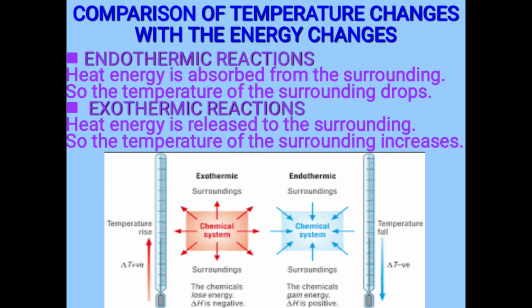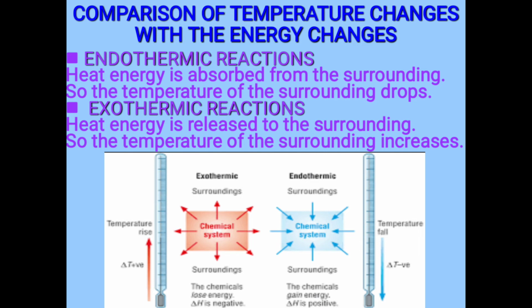Okay, let's look at exothermic reactions. In exothermic reaction, heat energy is released to the surrounding. And when heat energy is released to the surrounding, we expect the temperature of the surrounding to increase. As I've already said, temperature is a measure of heat. The heat content is measured by temperature. So if we are adding heat to the surrounding, we expect the surrounding to increase in temperature.